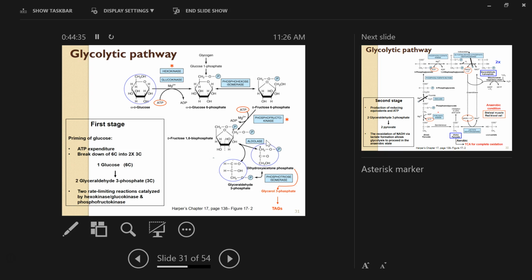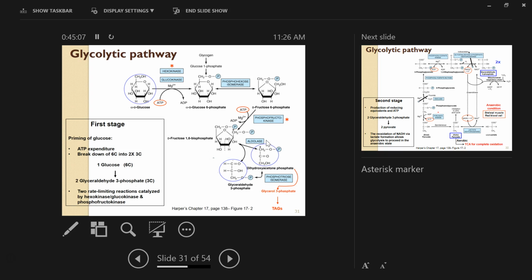During the first stage, the glucose has 6 carbons, 6 oxygens, and 6 hydrogens. The 6-carbon glucose molecule is broken down into two 3-carbon intermediates. So this is what happens during the first stage.